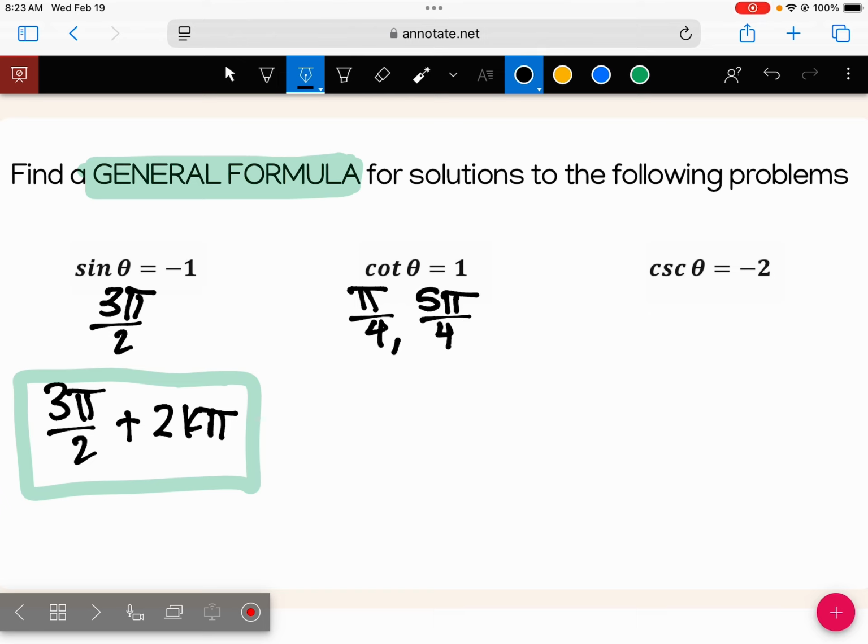Now most of these problems will give you 2 answers. So when there's 2 answers, you have 2 ways of writing it. You can write it like this, and you'll write each individual angle separately, or in this case, we're going to try with 5 pi fourths and pi fourths.